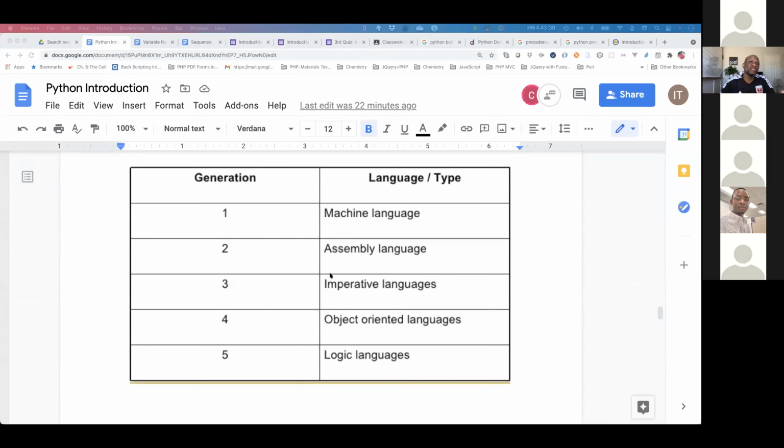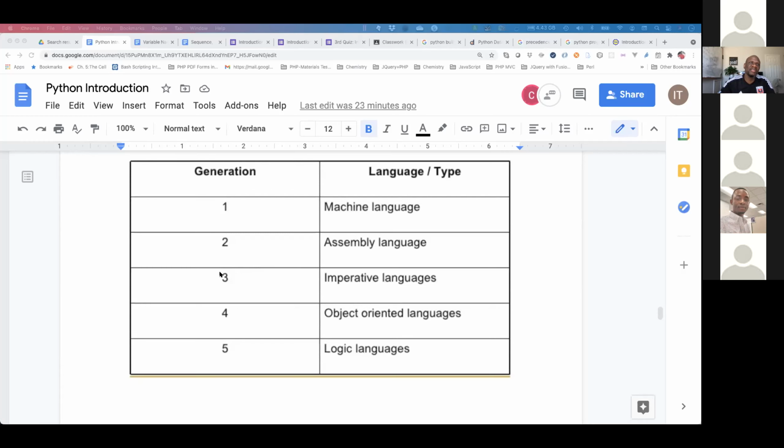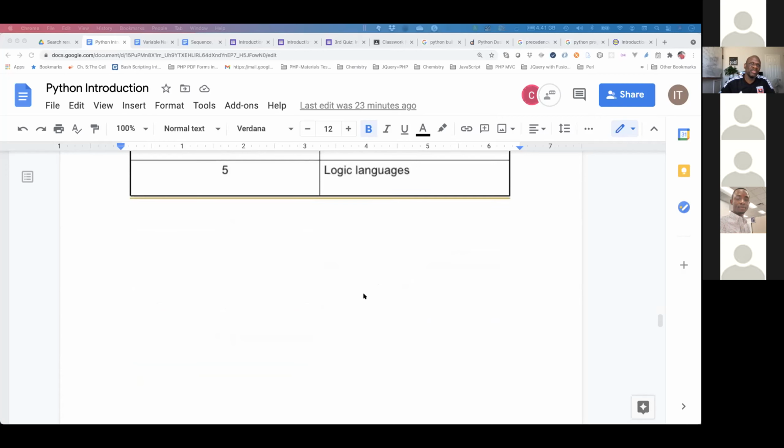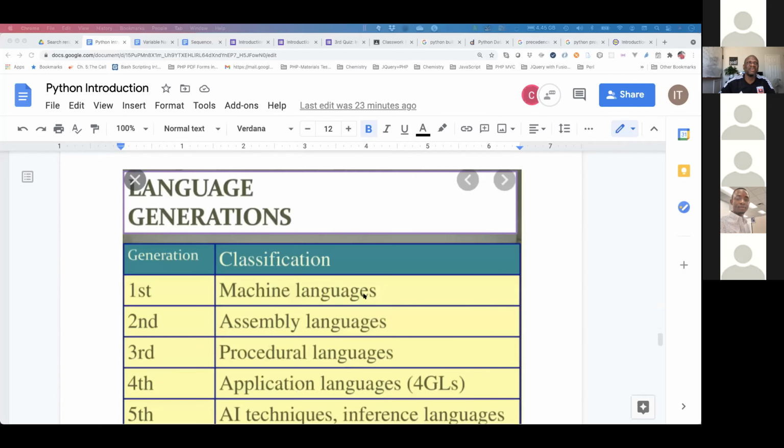Now Python will most likely fall between the third, fourth and fifth generation, because it's an imperative language, it's object-oriented, and it's a logic language. So if you know Python, you're basically covering 3-4 generations. And those are some of the advantages you probably need to consider.